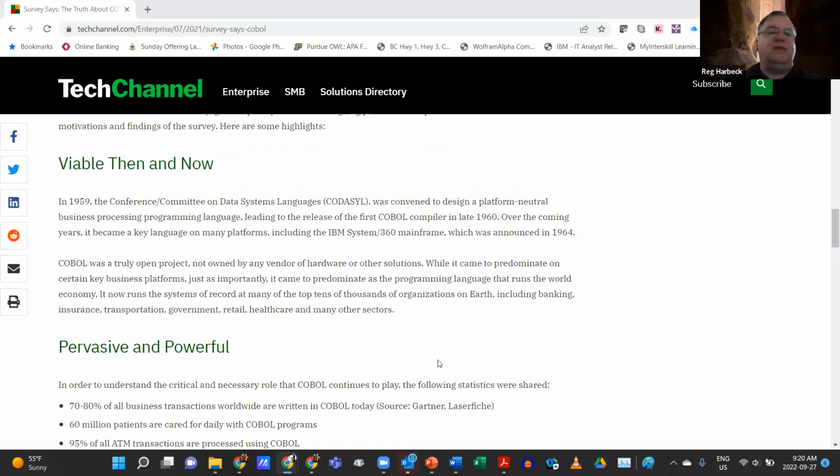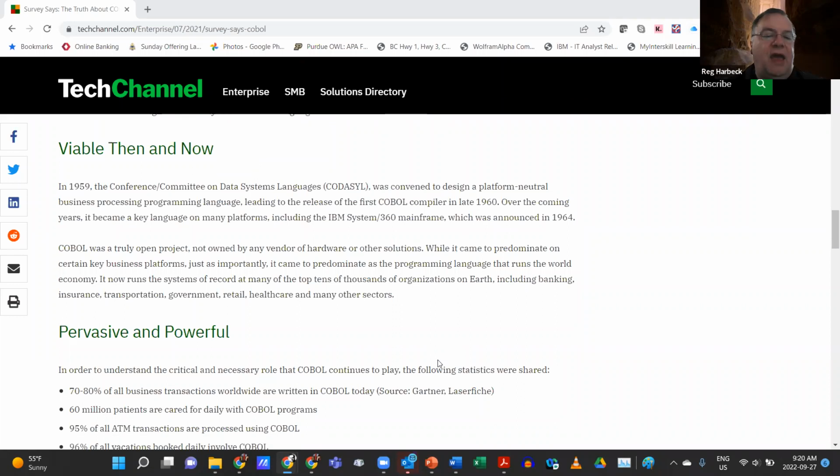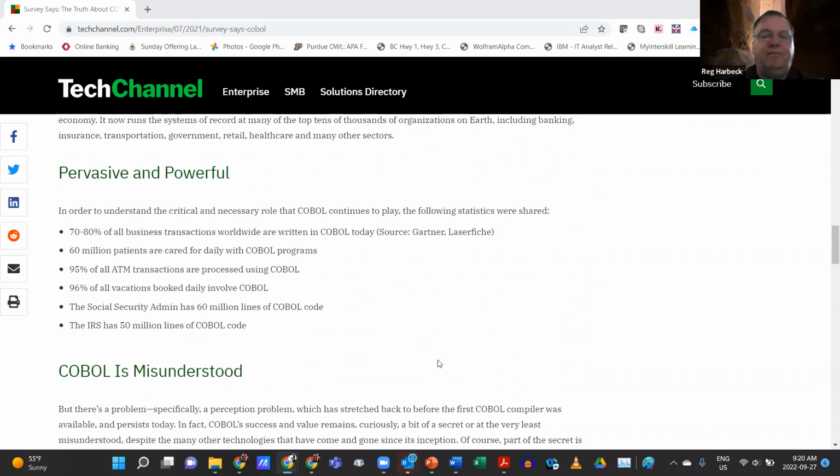So basically, one of the things we concluded about the language, which originally started from CODASYL, the Conference or Committee on Data Systems Languages, was that this language is very much alive and well. And some of the things that came from our survey were that basically 70 to 80% of all business transactions worldwide are written in COBOL today.